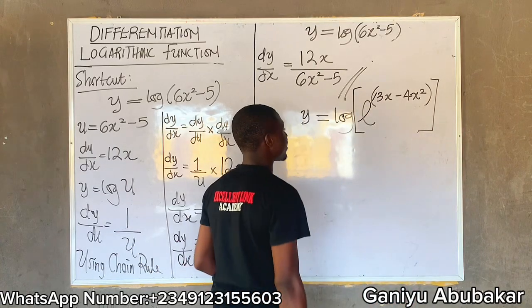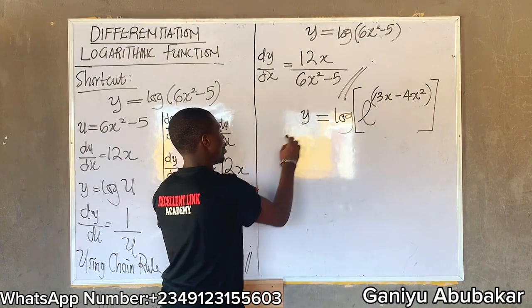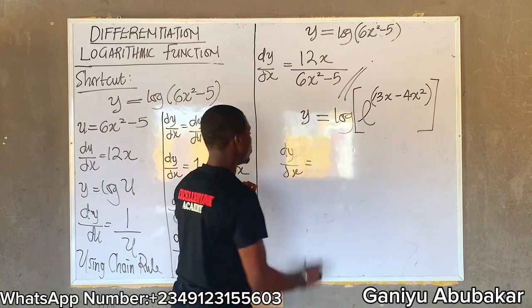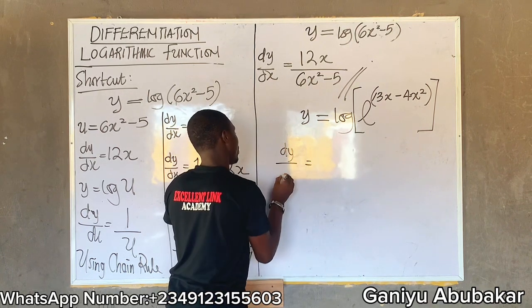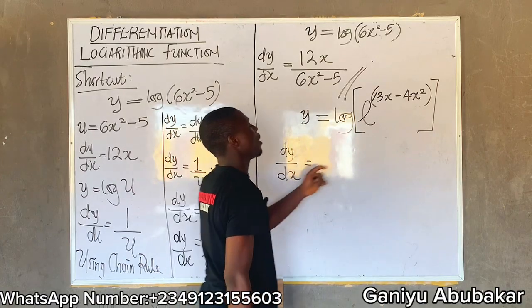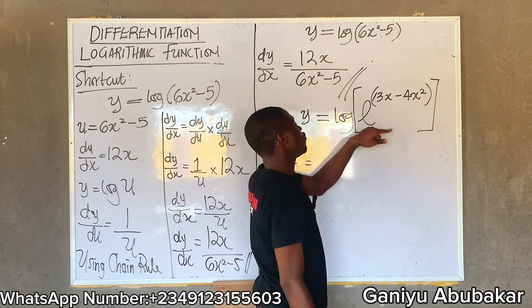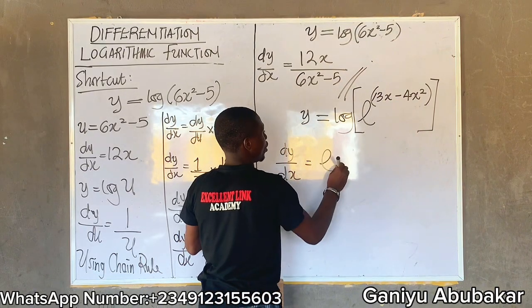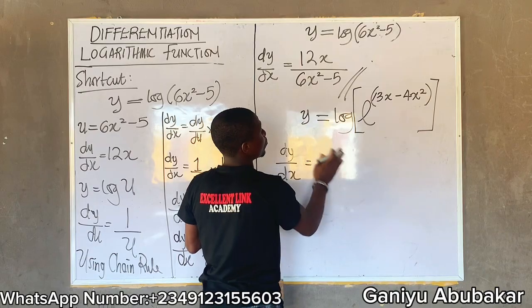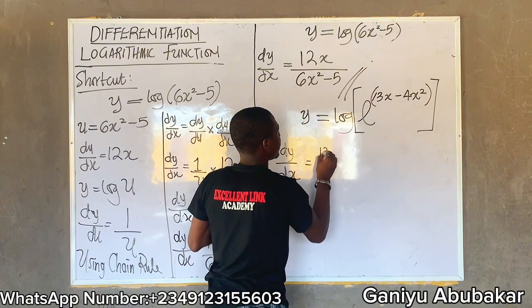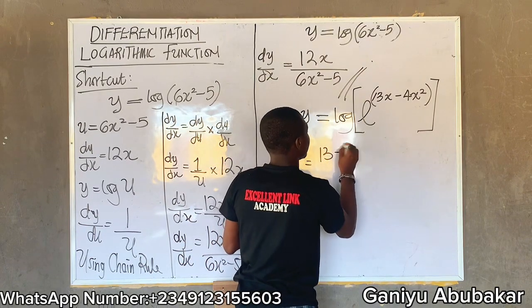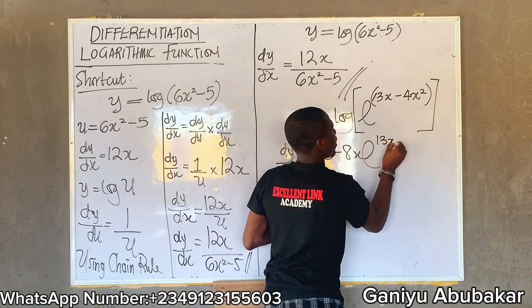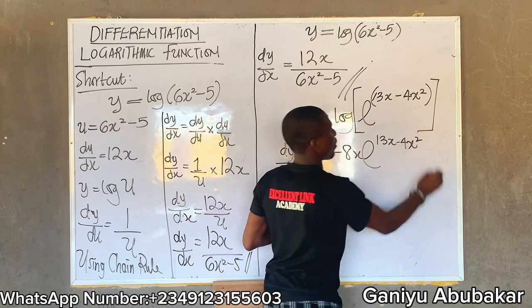So first task, dy over dx is equal to differentiate the term in bracket as numerator. If I differentiate exponential 13x minus 4x squared, I'll have 13 minus 8x exponential 13x minus 4x squared.